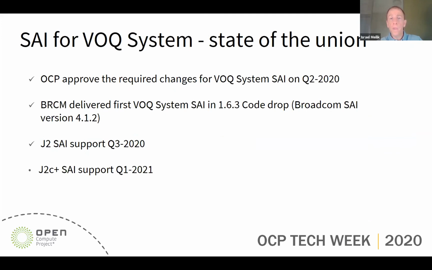Finally, a short State of the Union. We approved the required changes for the VOQ system in Q2 2020. This is done, check mark. And Broadcom delivered the first VOQ system SAI in the version 1.63 code drop, check mark.